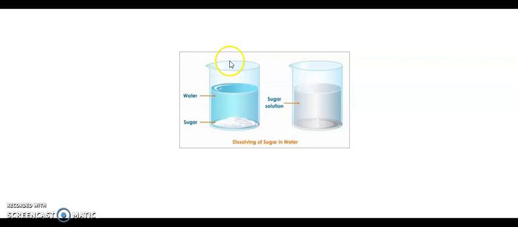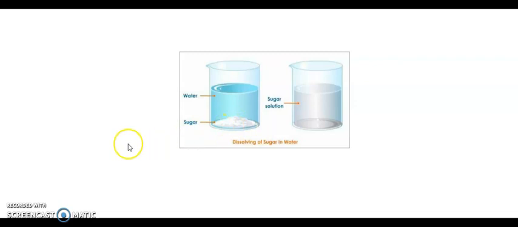As an example, can I put 100 spoons of sugar in this beaker? Of course, no. After a certain amount, additional sugar will not dissolve. You could stir and stir, but the added sugar crystals would just settle undissolved to the bottom, like right here.